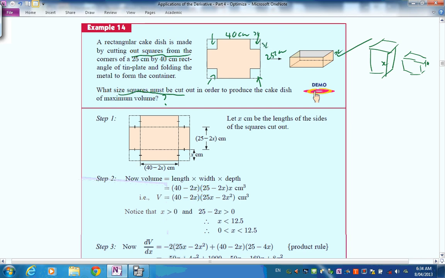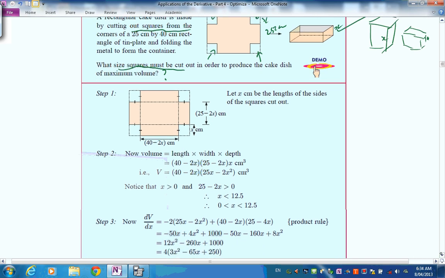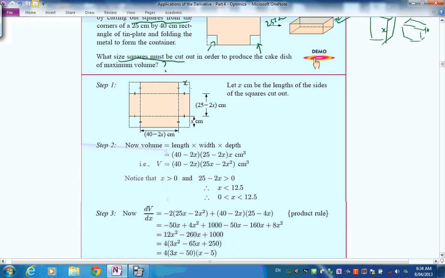So let's come down and look at this problem then. So here it is. We're cutting out x by x. So this length has become 25 take 2x. This length's become 40 take 2x. So now the volume, length by width by depth, always good to start off with a basic mathematical formula. Then we substitute in the length, the breadth and the depth, and then we can simplify it, and then we're saying that x is greater than naught, and also 25 take 2x.